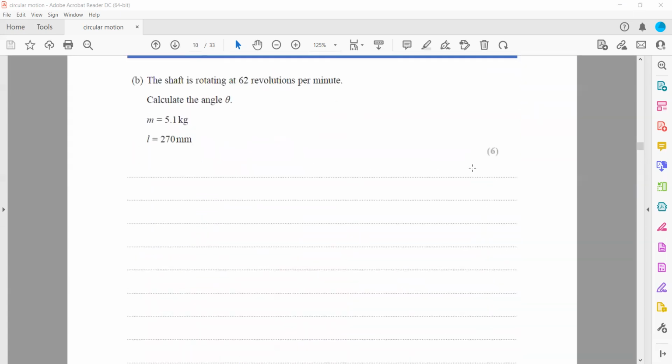So first, because it's a 6-mark question, one mark is for when you work out the value for omega, and then the centripetal force will be equal to mr omega squared, and we know the centripetal force will be equal to the component of the weight, that is equal to W sine theta, and here it's equal to mr omega squared, and W is equal to mg.